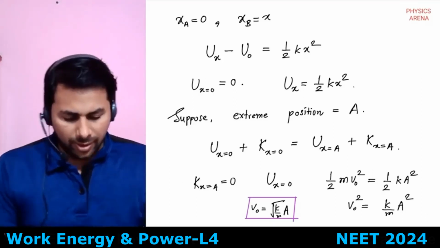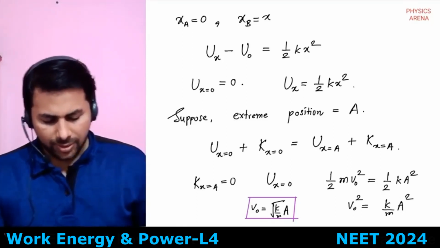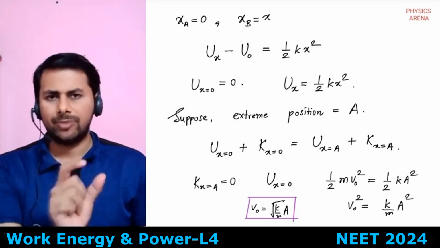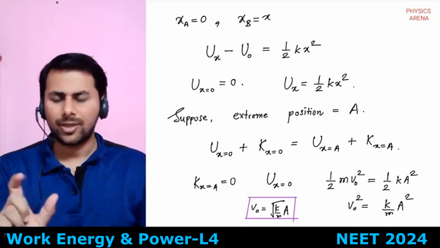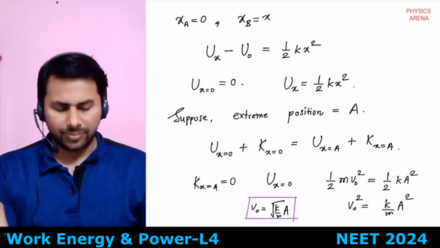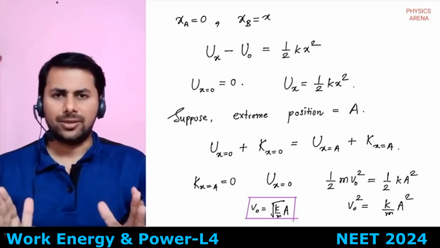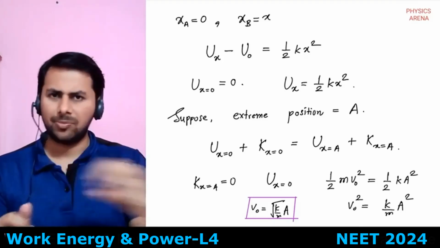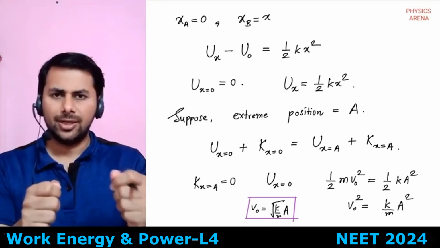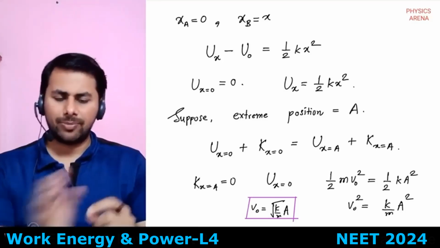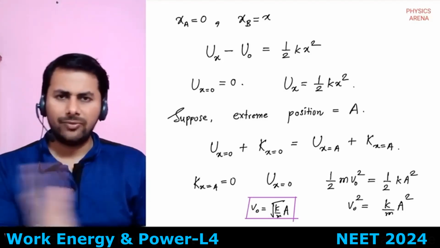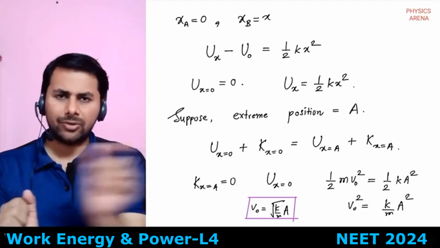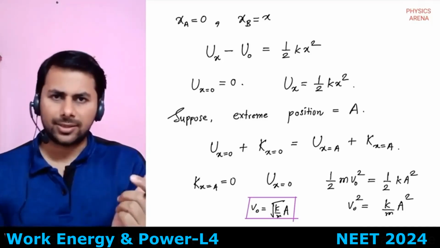Okay. So now suppose your spring block system vibrates from minus a to plus a. You pull that block, the spring gets stretched, you release it, and then the spring block system will vibrate, and the block will also move like this.